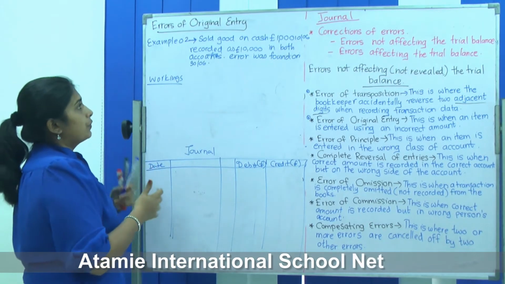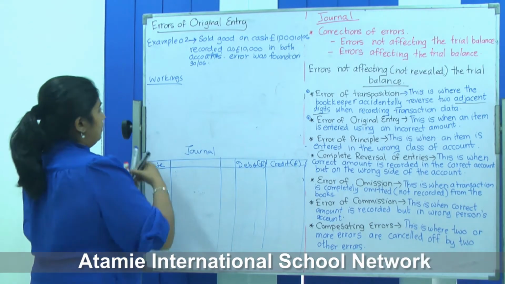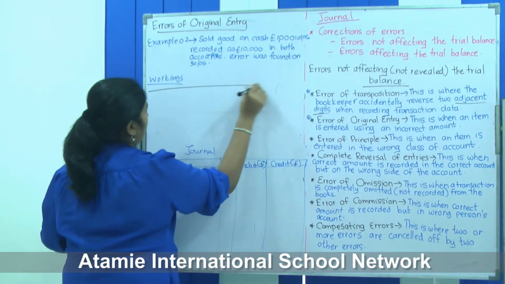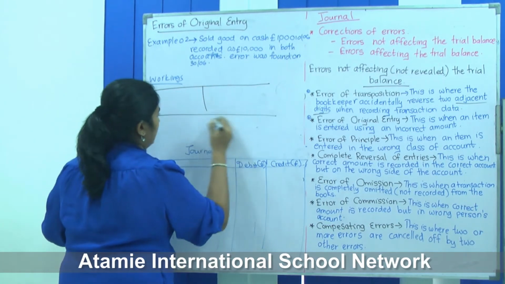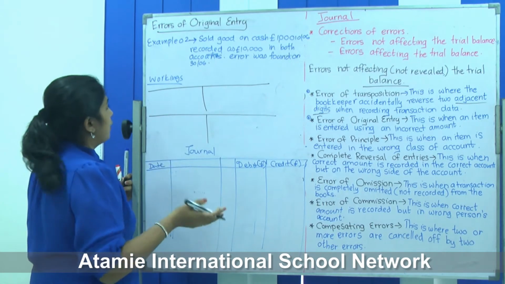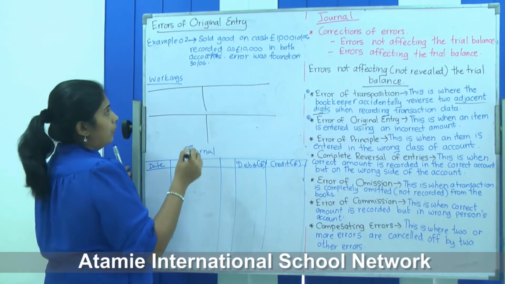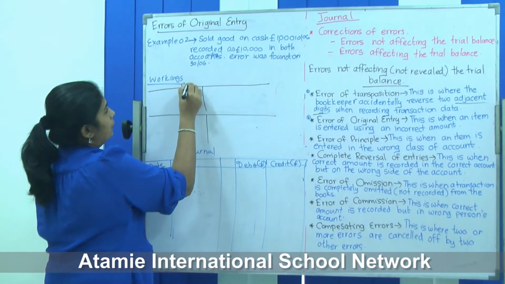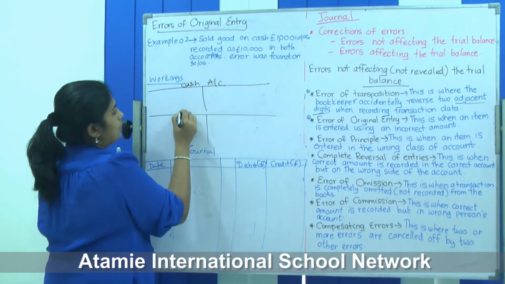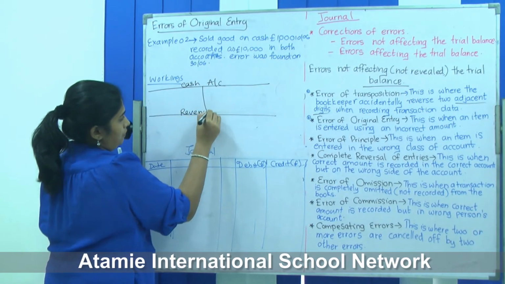Okay, so when you sold goods on cash, actually what happens? Cash increases and you are creating an income called sales or revenue. So it will be recorded in cash account and in revenue account.